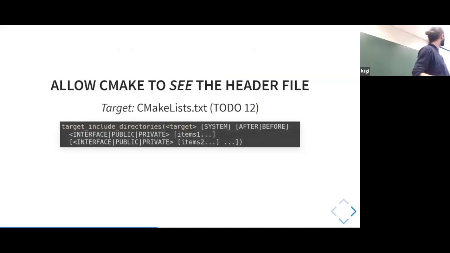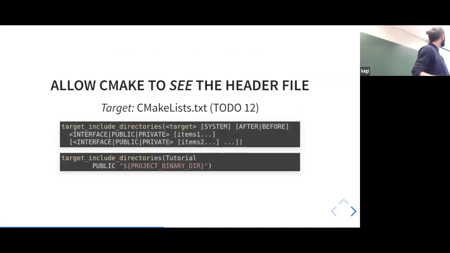There's to-do 12, and this is actually including the file. So CMake also needs to know where the include directories are, and at this point here you indicate the path to the build directory.